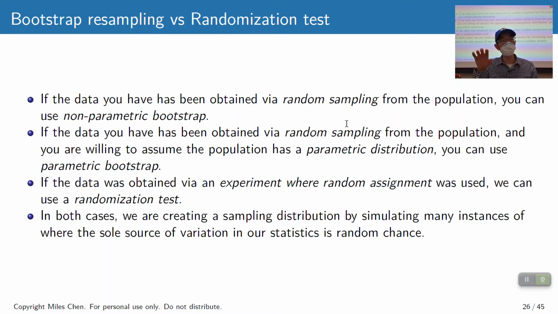Random assignment means exchangeability, and that leads to a randomization test. If you have random sampling, then you can do Bootstrap. But in all of these cases, we're generating a sampling distribution by using randomness, either random shuffling for random assignment or random resampling for Bootstrap.